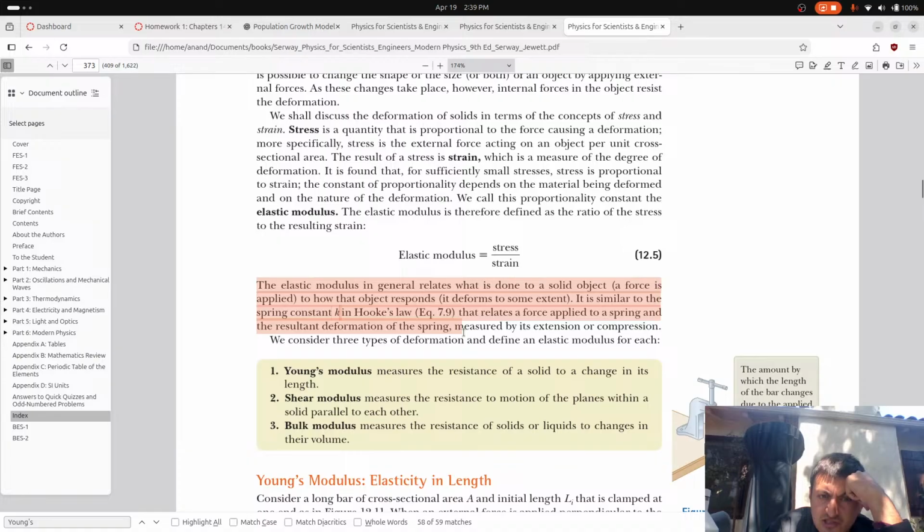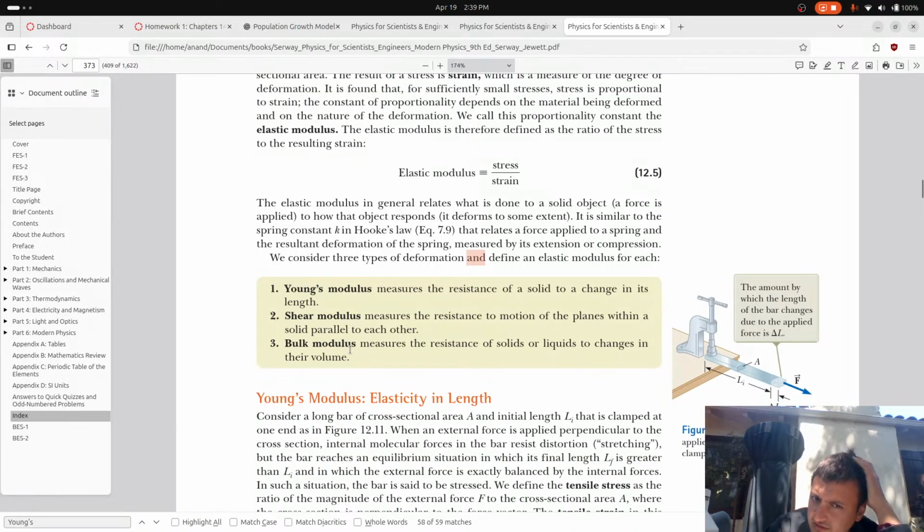The elastic modulus in general relates what is done to a solid object to how it responds. It is similar to the spring constant k in Hooke's law that relates a force applied to a spring and the resultant deformation of the spring, measured by its extension or compression. We consider three types of deformation and define an elastic modulus for each. Young's modulus measures the resistance of a solid to a change in its length.